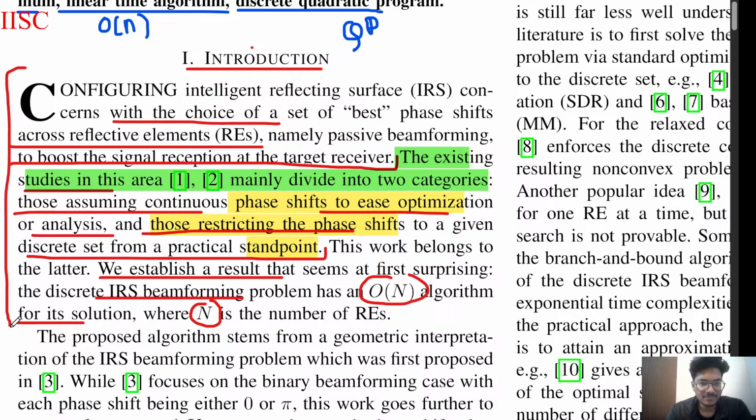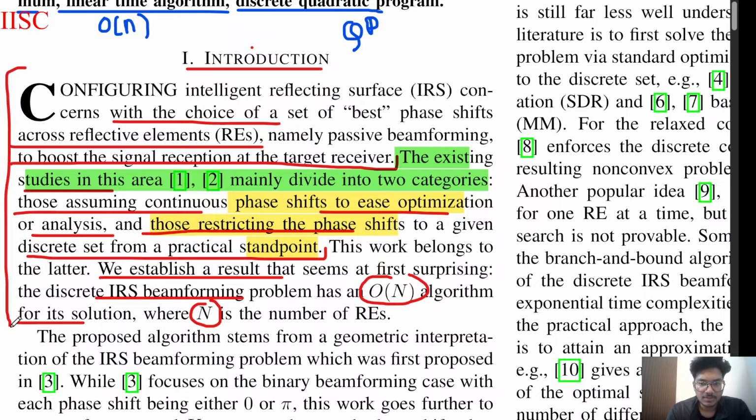The existing work is divided into two categories: those assuming continuous phase shift for easy computation or analysis, and those restricting the phase shift, like omega, 2 omega, 3 omega, 4 omega, and so on. We also have to notice why we are not selecting continuous phase shift, and why it becomes very tedious for us to compute.